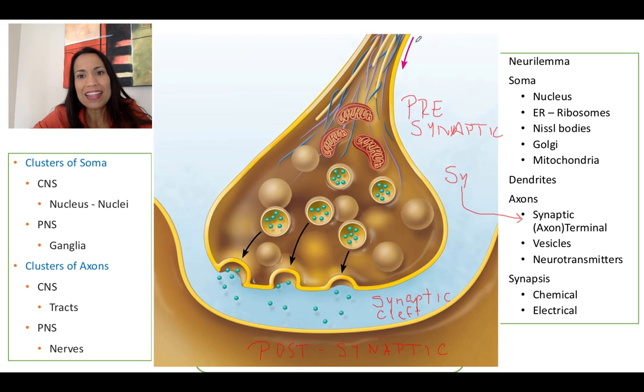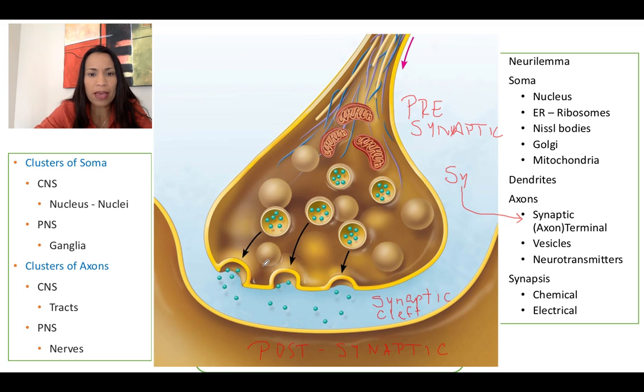So when the action potential, the electrical signal that was initiated at the beginning of the axon, reaches the end, the axon terminal, it depolarizes the membrane, it causes some changes in the membrane, and stimulates the fusion of these vesicles to the neurolemma, to the cell membrane of this neuron at this level.